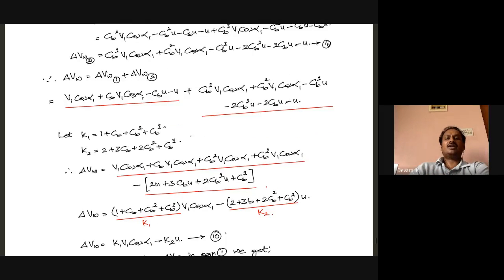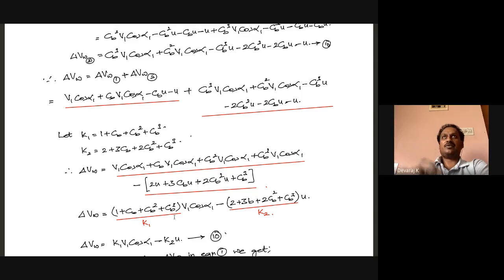If I open the bracket and write all the V1 cos alpha on one side, so this will be (1 plus Cb plus Cb square plus Cb cube) into V1 cos alpha as one group. Then all the U on one side, that is minus of (2U plus 3Cb into U plus 2Cb square into U plus Cb cube into U). So if I take V1 cos alpha on one side and U on one side, I'll be getting 1 plus Cb plus Cb square plus Cb cube as one group.